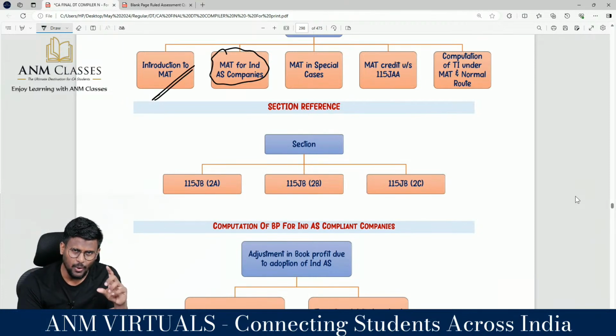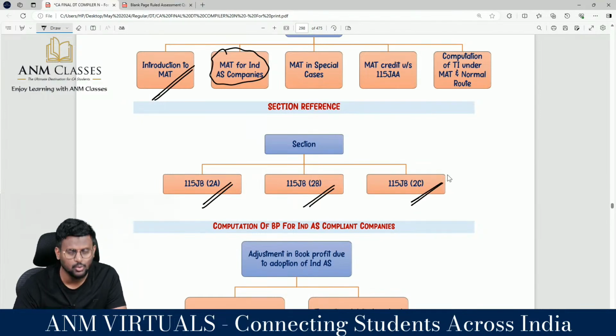So, section 115JB subsection 1 only we have discussed. In this, 1 and 2 only we have discussed. In this slot we are going to talk about 115JB subsection 2A, 2B and 2C. These are the 3 sections applicable to MAT for Ind AS company. Because there, the general adjustment for a normal company is 115JB subsection 2.